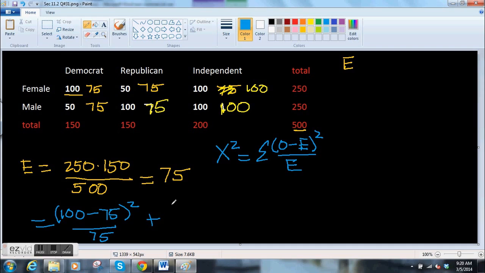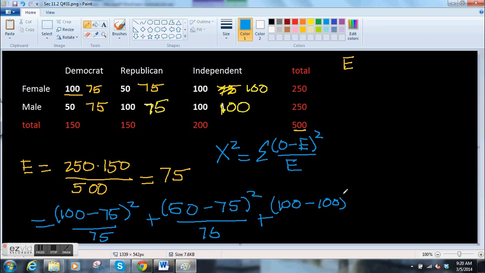I'm going to go this way. It doesn't really matter the order that you go in. 50 minus 75 squared divided by 75, because that's the expected count for this one, plus this one, 100 minus 100, oh good, that's going to be 0, squared divided by expected 100, plus, you keep going.